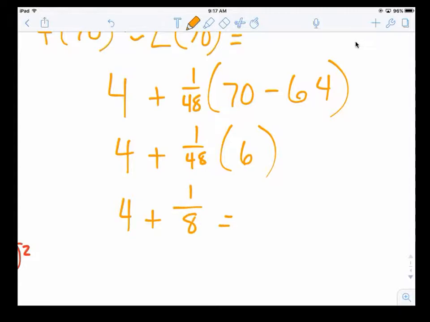And then that would be roughly 4.125. That would be the answer.